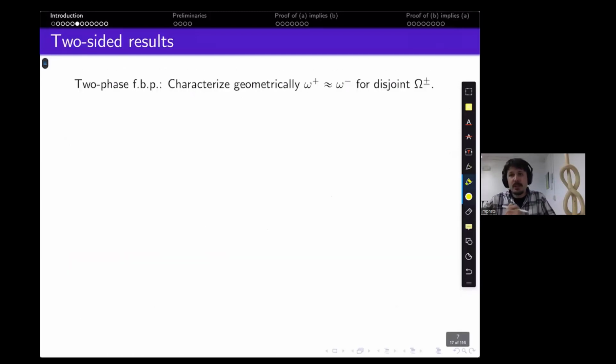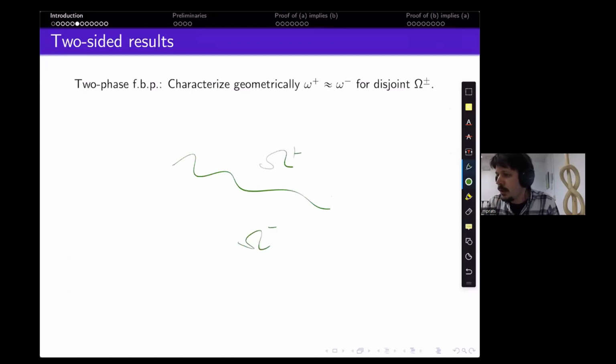Now, two-sided results. What is the two-phase free boundary problem? In the two-phase free boundary problem, we want to characterize the mutual absolute continuity of two harmonic measures. So now we have a domain omega plus and omega minus, which would be the omega plus complement. Okay, and now we have a harmonic measure from the inside, from a pole here, and from the outside pole here.